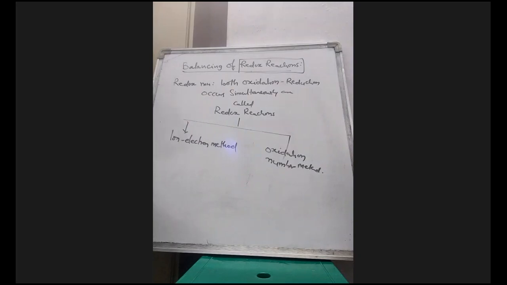Balancing of redox reactions is one of the important topics from the intermediate public examination point of view. Now, let me take one example, and then we can discuss step by step how to balance a redox reaction.